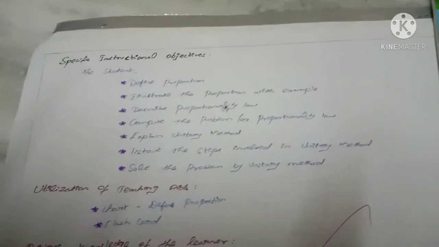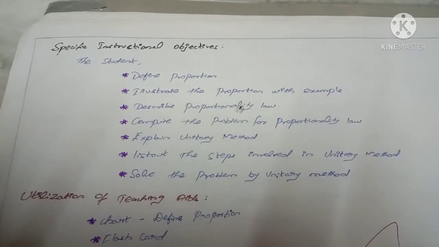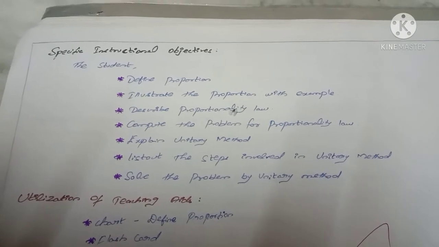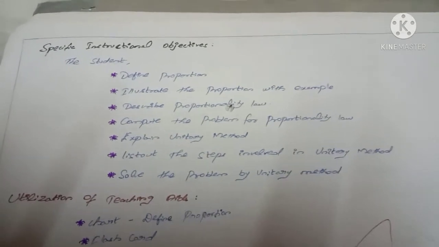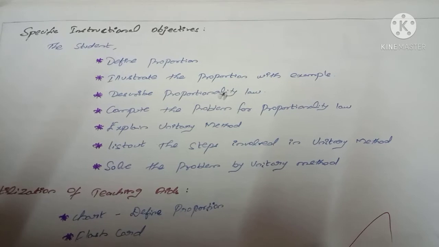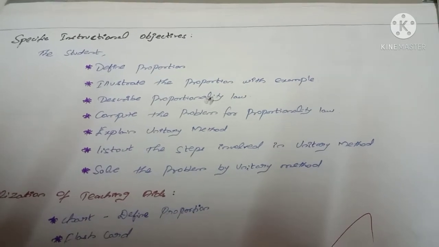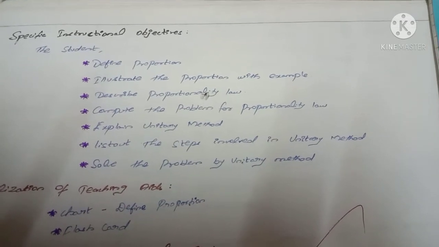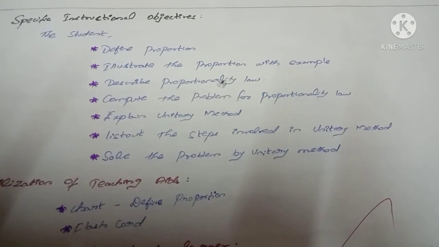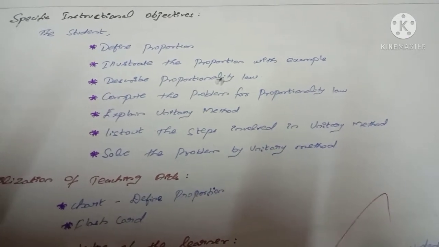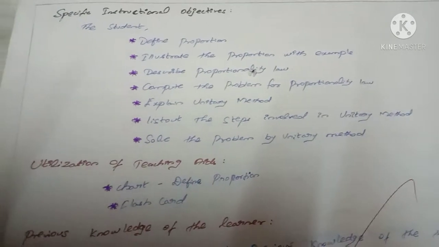Next is specific instructional objectives. The student defines proportion, illustrates the proportion with example, describes proportionality law, computes the problem for proportionality law, explains unitary method, lists out the steps involved in unitary method, solves the problem by unitary method.